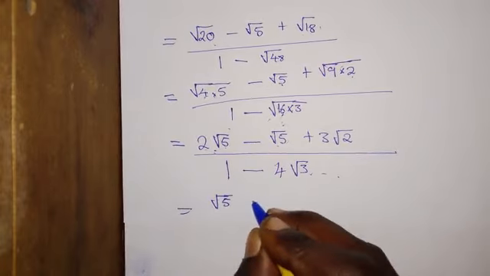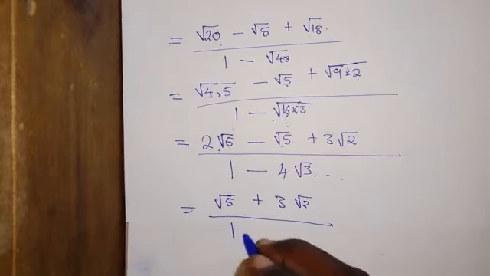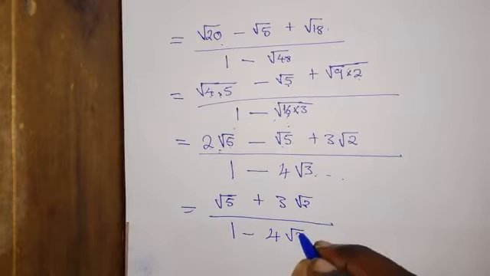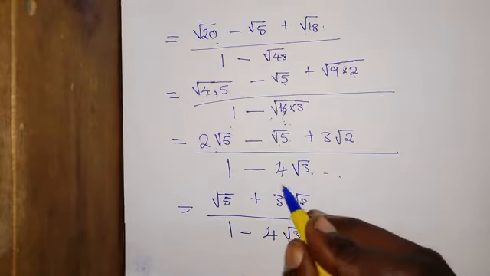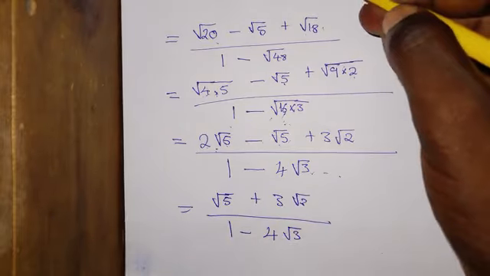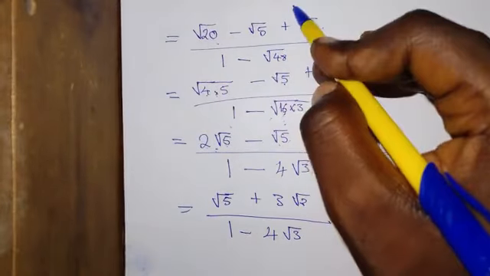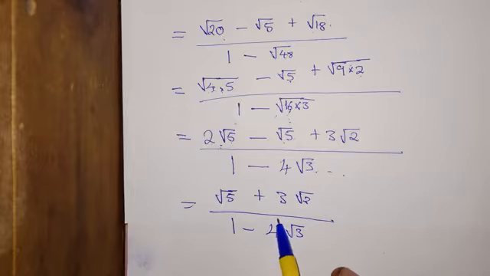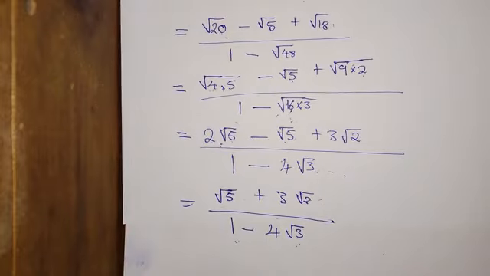So it is 1 root 5 plus 3 root 2 over 1 minus 4 root 3. This is a simple version compared to the other one. That one had three terms in the numerator and 2 terms in the denominator, but this one has been simplified to 2 terms in the numerator and 2 terms in the denominator, which is easy.